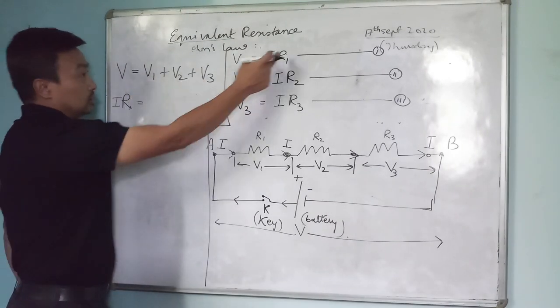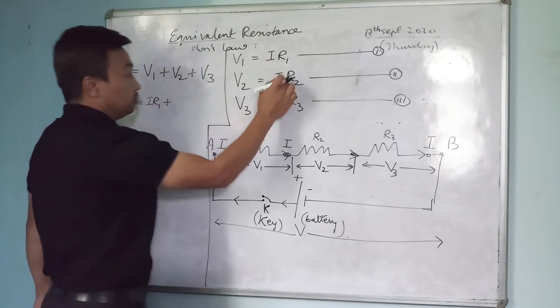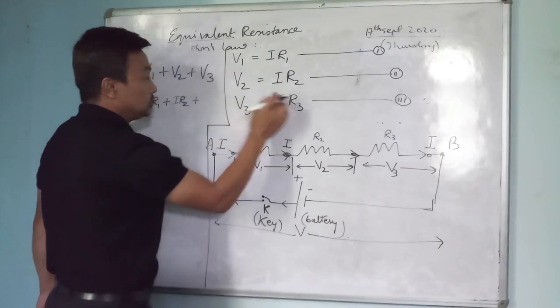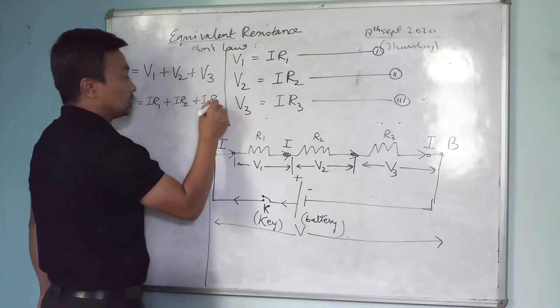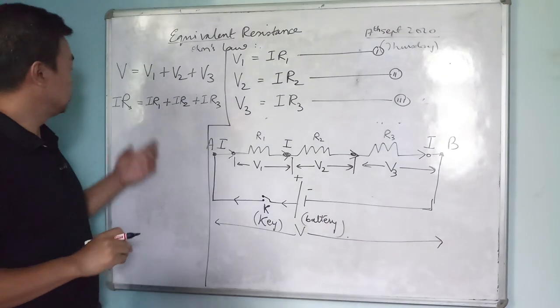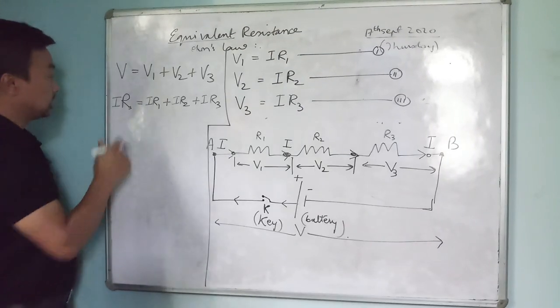Now V1 is given here as I R1, V2 is given as I R2, plus V3 is given as I R3. So what do you see here? We see the two sides. That equation is formed here, and on both the sides the I is common.